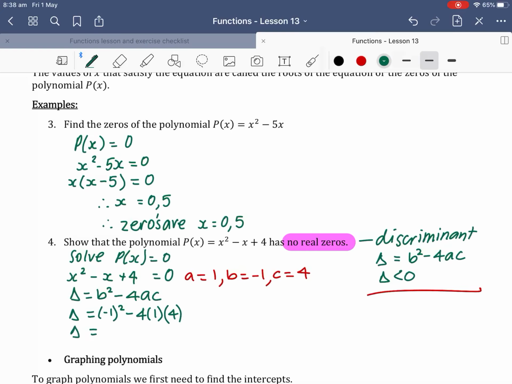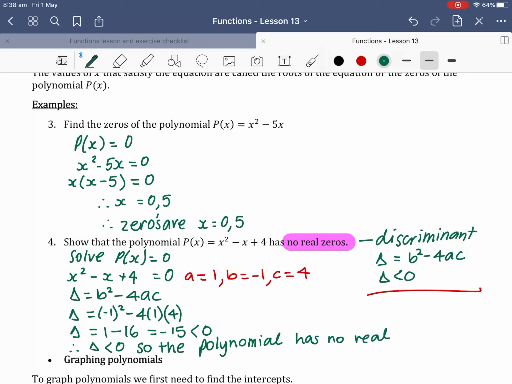So discriminant equals 1 minus 4 times 1 times 4, which is 16, which equals -15, which is less than 0. Therefore, because our discriminant is less than 0, the polynomial has no real roots.